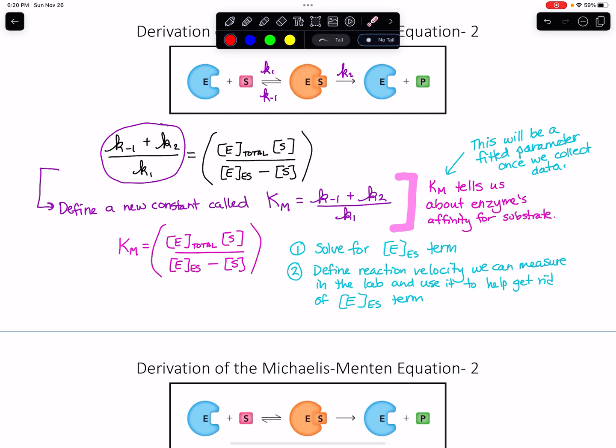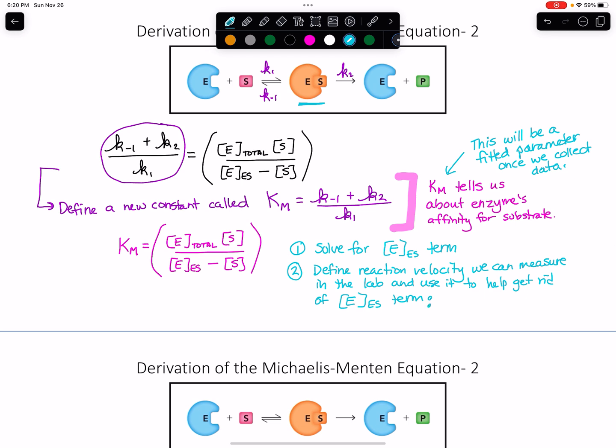That's rearranging this. So it's E sub ES equals enzyme total times the substrate concentration divided by Km plus the substrate concentration. Okay, so we'll put that on the next slide. And then we're defining our reaction velocity, which is just a regular rate equation if we consider it in terms of enzyme substrate complex.